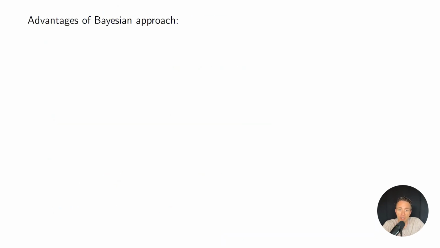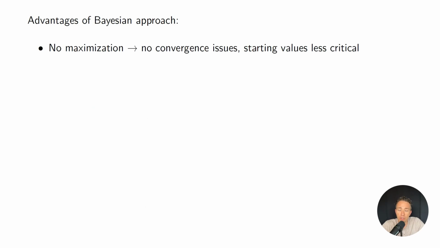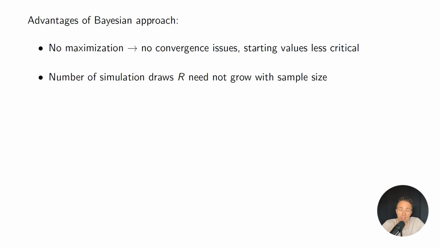So what are the advantages of doing a Bayesian approach? We don't have to do any maximization. There's no convergence criteria. There's no nonlinear optimizer being called. And we also don't really need to worry about the starting values, because that's going to sort of work itself out as we go through this Markov chain Monte Carlo process. We don't need to let the number of simulation draws grow with the sample size.